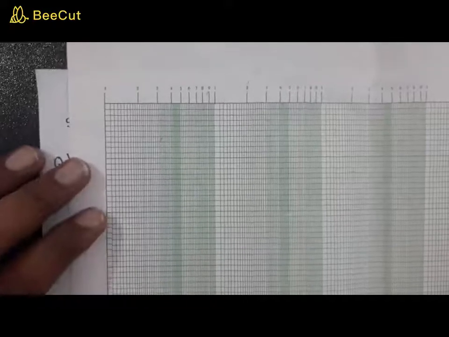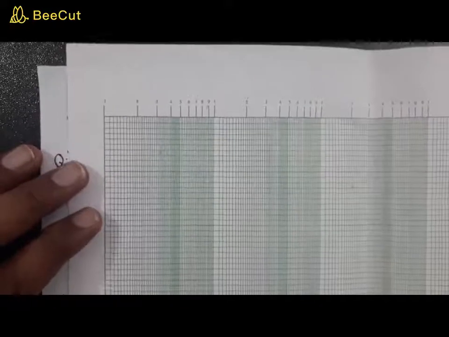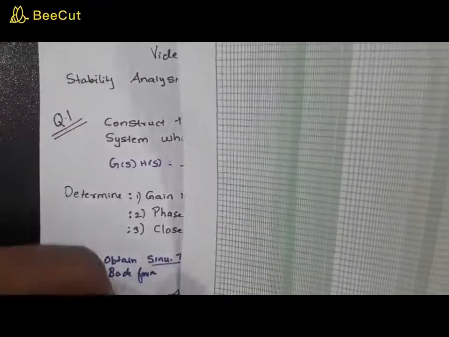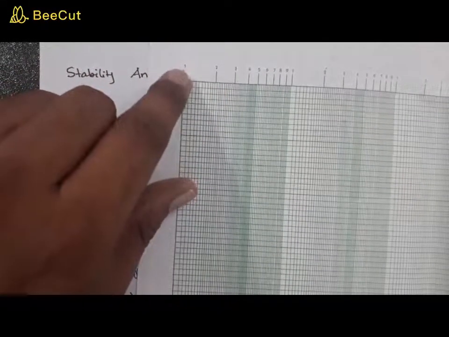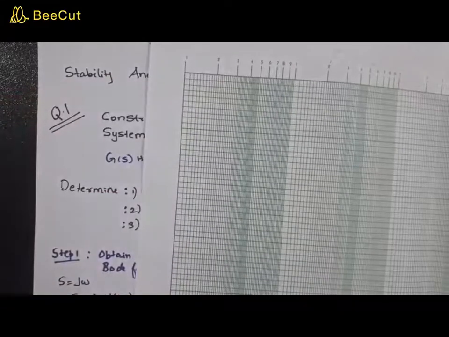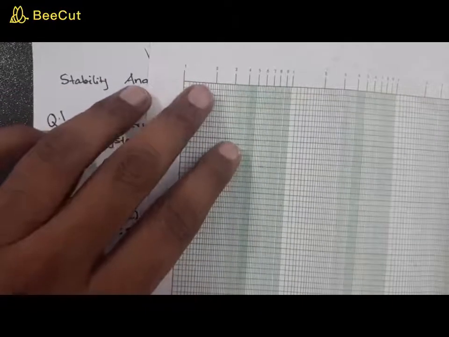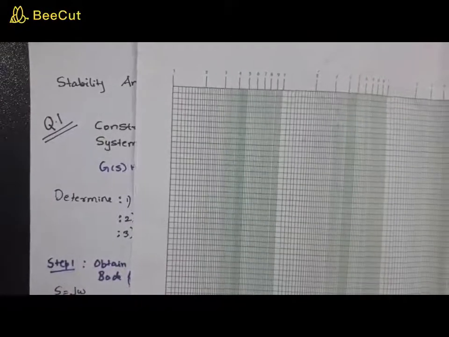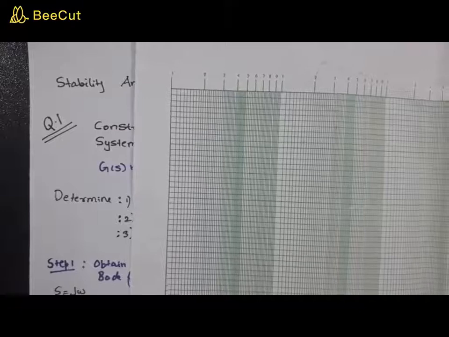Okay, so here is a semi-log graph sheet. When you look at the horizontal axis, the divisions are numbered 1, 2, 3, 4, but there is a difference. The divisions are not evenly distributed, not equidistant to each other.